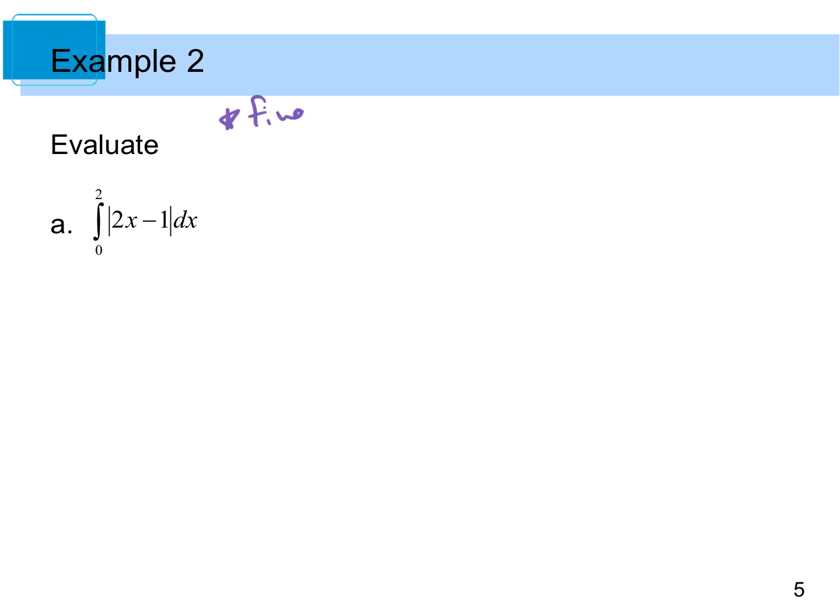So step 1 is find what makes the absolute value equal 0. So 2x minus 1 equals 0. What would x equal?